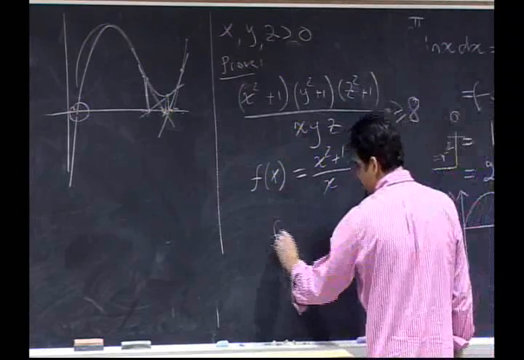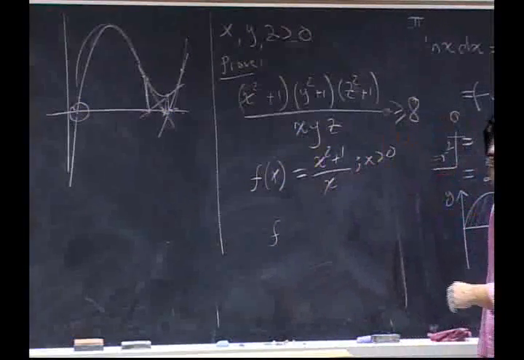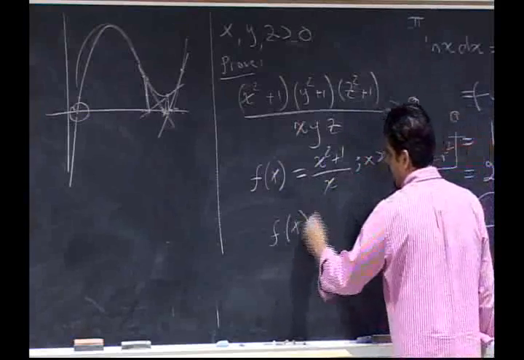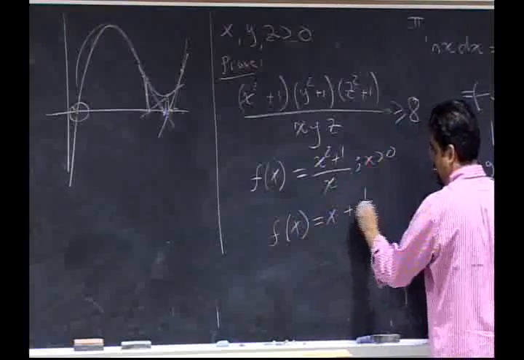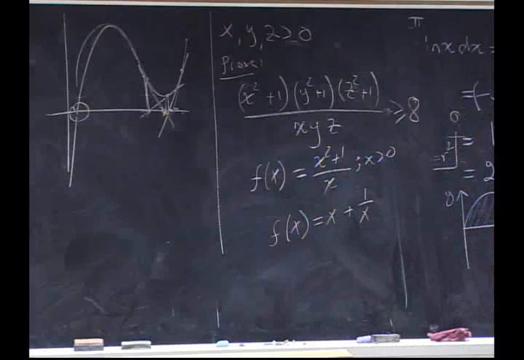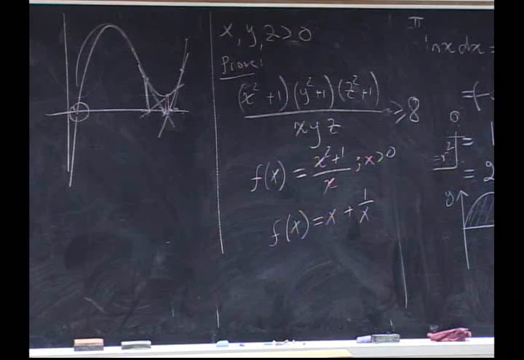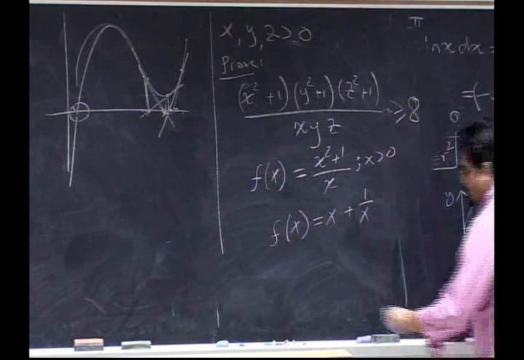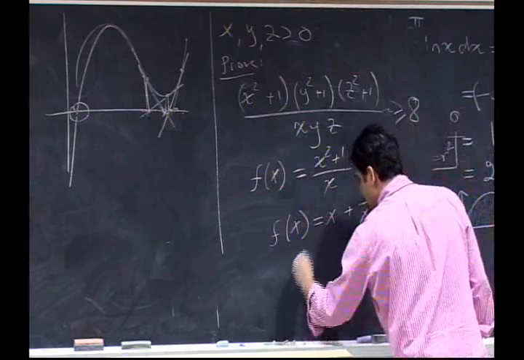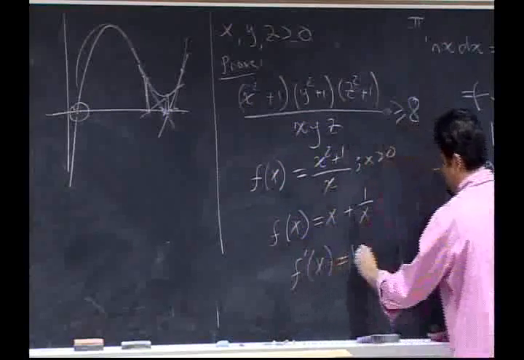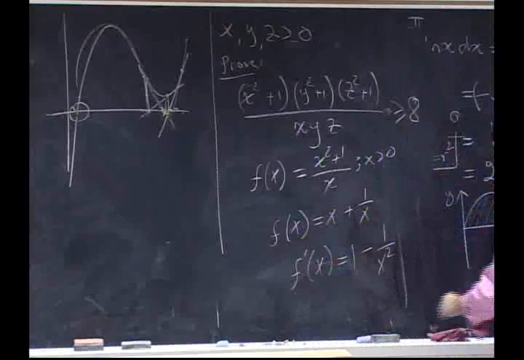So again, following what I just said, I'm going to rewrite this function as x plus 1 over x. And then I'll do the derivative. So 1 minus 1 over x squared.